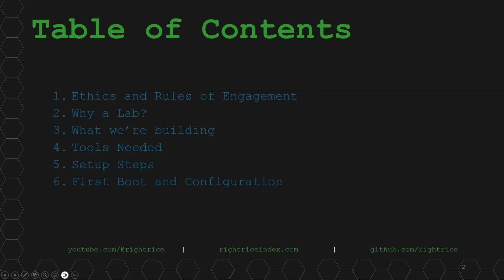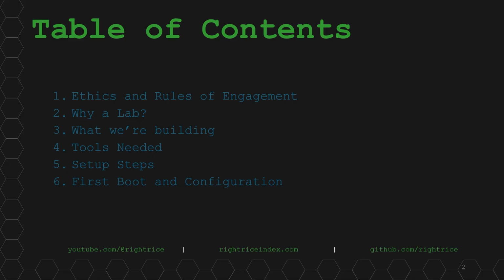All right, so what are we going to talk about today? First and foremost, we're going to talk about the ethics and rules of engagement when you're doing this type of stuff. People don't like getting hacked, right? That's a pretty valid thing, I'd say. So you've got to do it ethically, and when you are going to hack someone, there need to be some rules and some contracts in place to illustrate what you can do and what you can't.